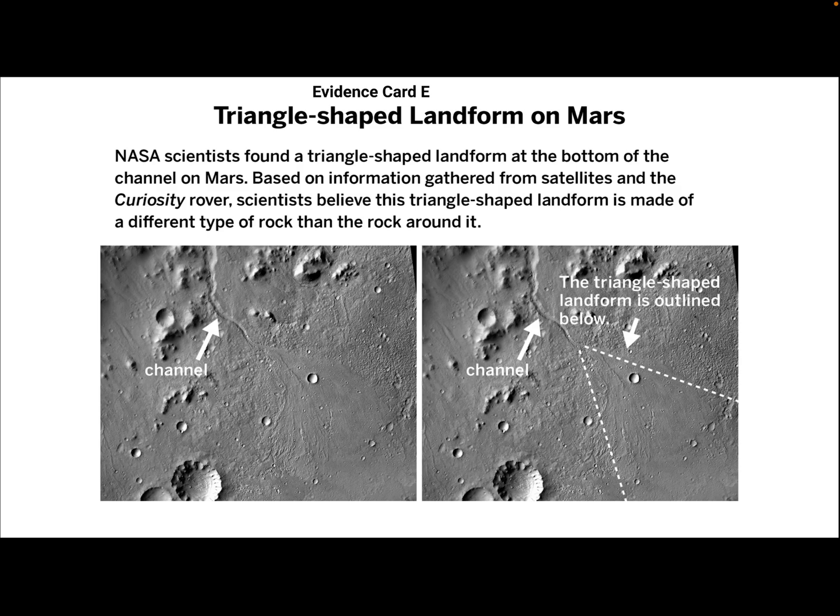NASA scientists found a triangle-shaped landform at the bottom of the channel on Mars. Based on information gathered from satellites and the Curiosity rover, scientists believe that this triangle-shaped landform is made of a different type of rock than the rock around it. What that means is whatever material is inside that triangle is different than material outside the triangle.